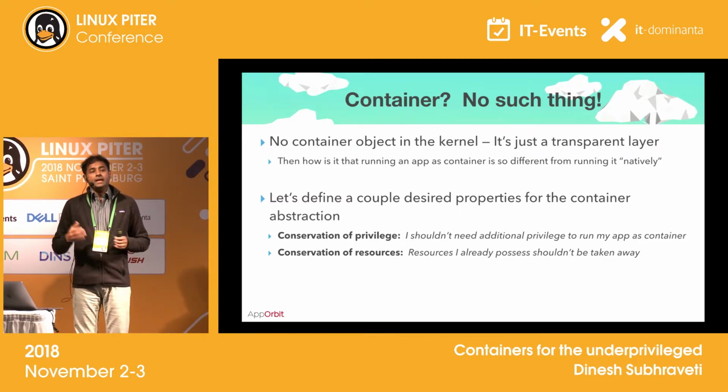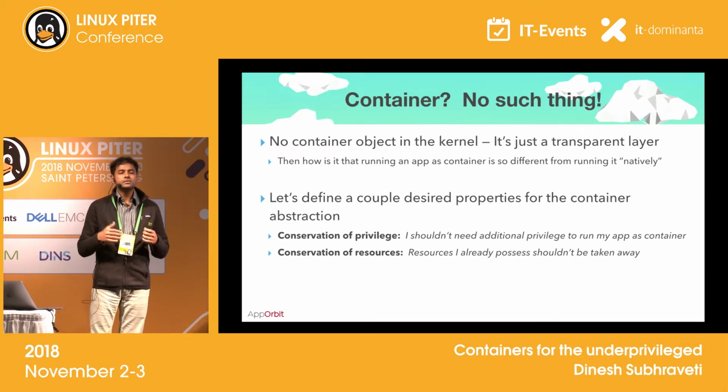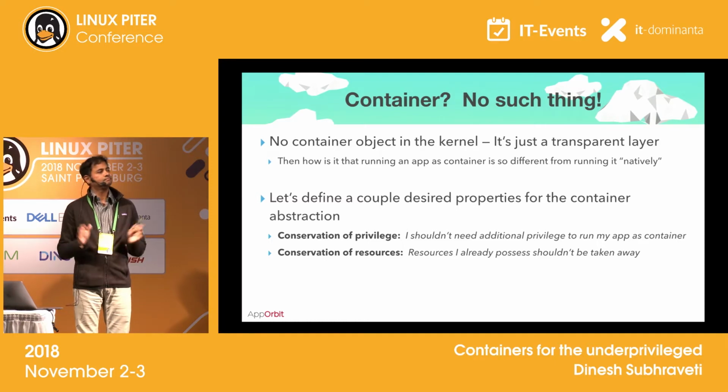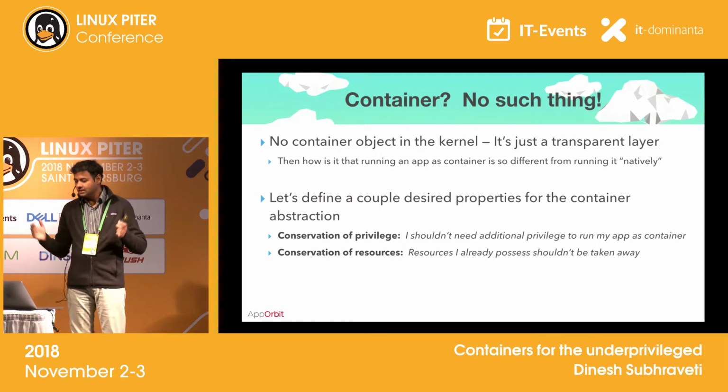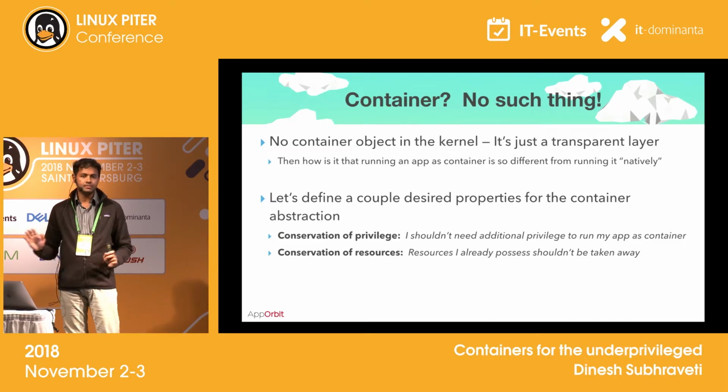If I have access to a certain resource already, say I'm a regular user and I can already access the network, then if I run inside a container, I should continue to have that access. Simple, right? We want to define those baseline attributes for that abstraction.